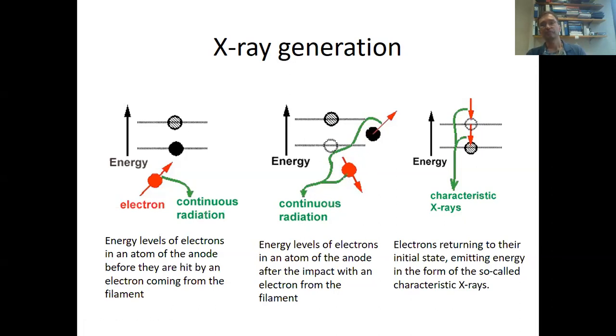Now, however, there's a third process, and that third process produces what is called characteristic X-rays. An electron from a higher shell, which has not been ejected, can make an electron transition to a lower shell because there's an empty slot in the lower shell due to the ejected electron.